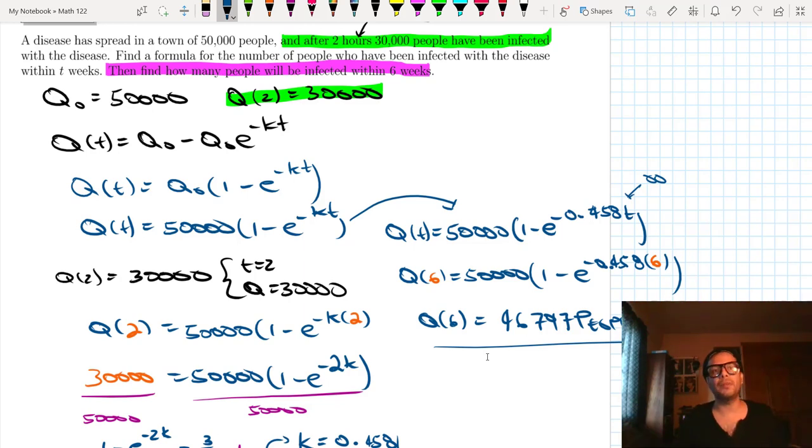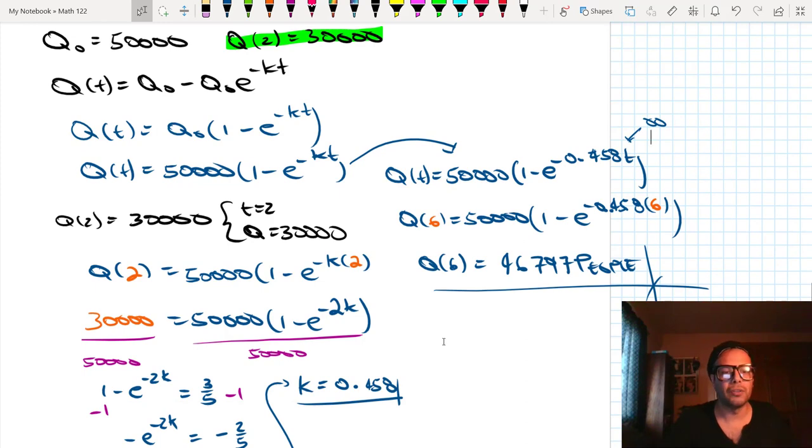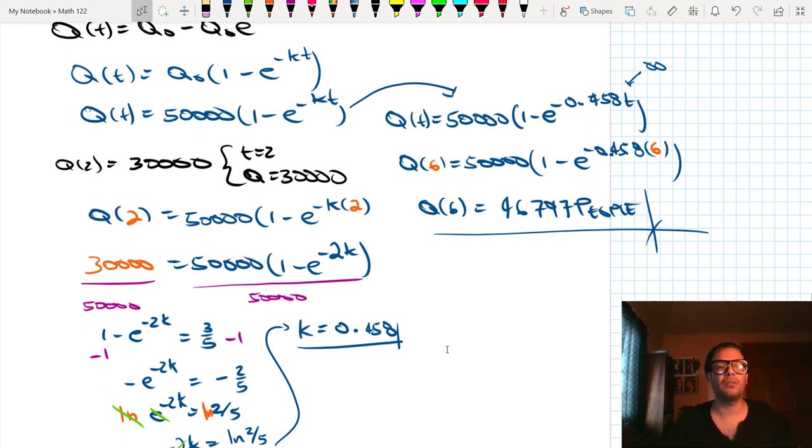So the maximum amount of people is 50,000. Ideally, it would take infinitely many weeks for the entire population to get infected. If you get a number that is larger than the amount of people in the town, maybe you did something wrong in the calculation. I would double check your ln's, or when solving the equation, or maybe plugging the number in the wrong letter.